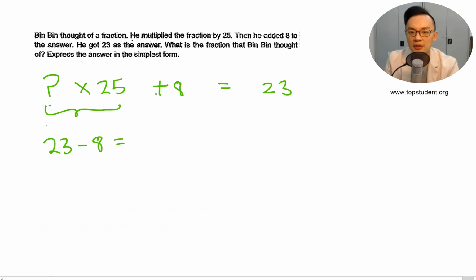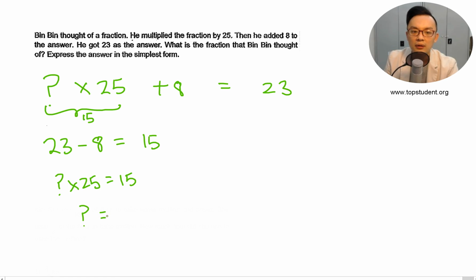Because I plus 8 here, so therefore I need to minus 8 over here, which is 15. So this part is actually 15. So question mark times 25 is 15. So what is question mark? I times 25 here, so therefore I need to divide by 25 over here. Then I'll get my question mark.